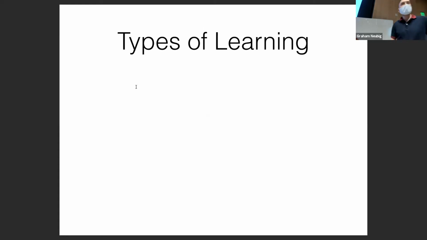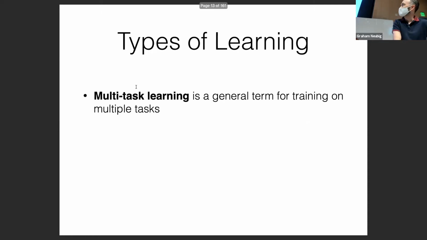Up until now, we've been talking a lot about supervised learning, where we have an input and an output, and we train our models based entirely on inputs and outputs. Or we've also talked about language modeling, which is an unsupervised learning task where we just have inputs and we want to model their distribution.